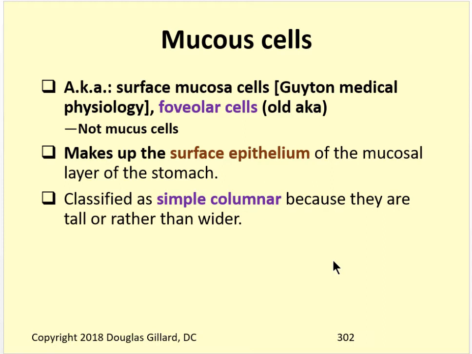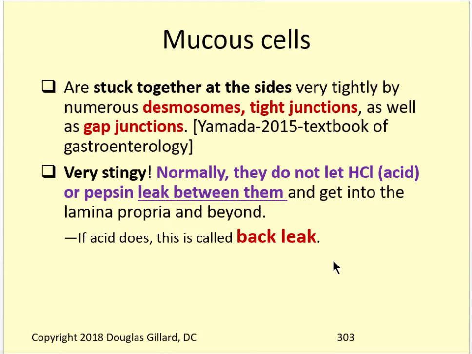Again, they are histologically classified as simple columnar cells because they are taller than wide. They are stuck together at the sides very strongly by desmosomes and tight junctions, with some gap junctions as well. So what? They're very stingy. They don't let things pass between the cells very well at all, especially not hydrochloric acid or pepsin.